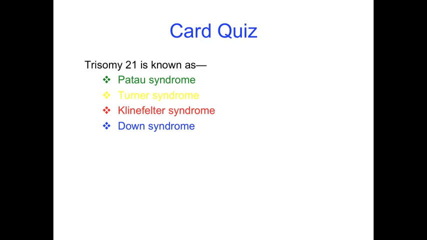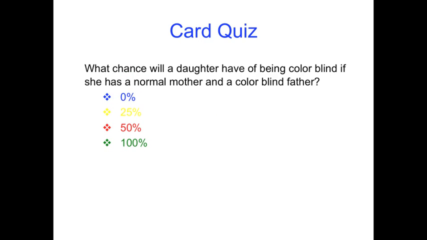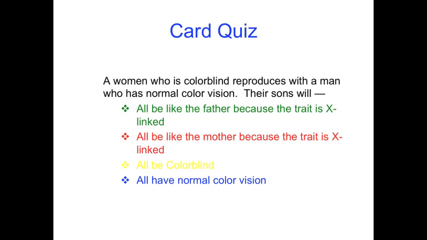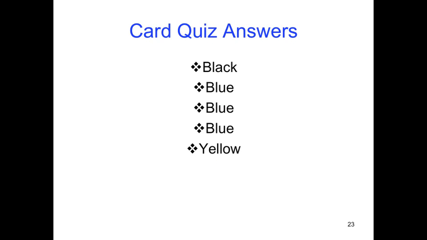Trisomy 21 is known as... What chance will a daughter have of being colorblind if she has a normal mother and a colorblind father? This one may take a moment. A woman who is colorblind reproduces with a man who has normal color vision. Their sons will... Here are your answers.